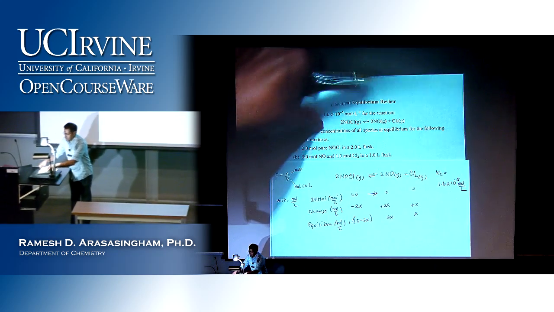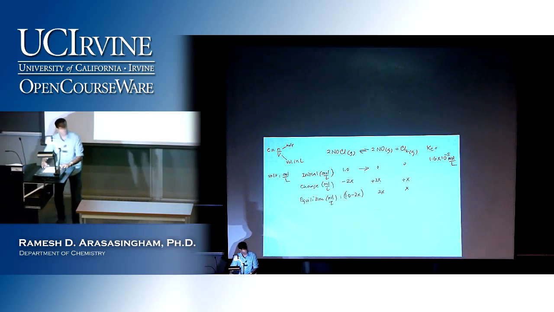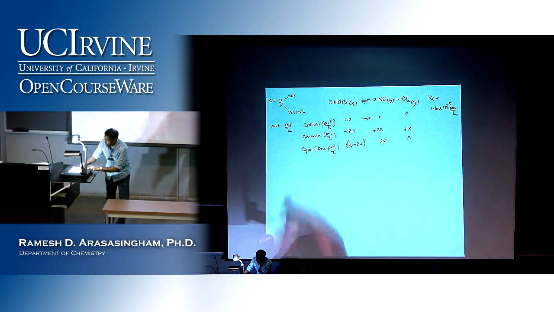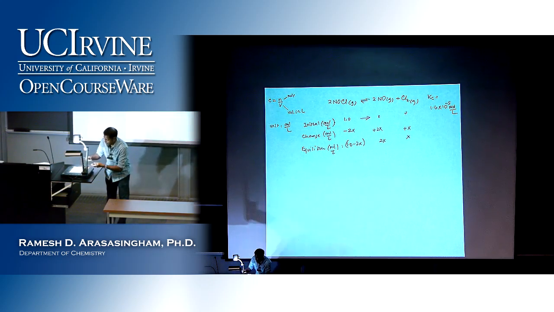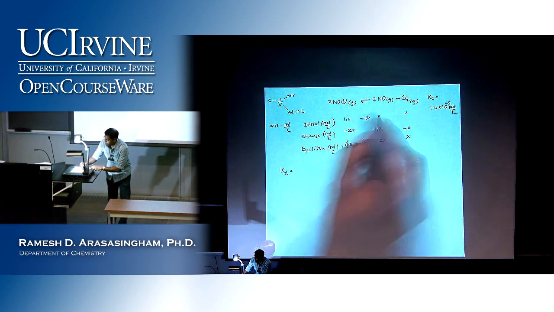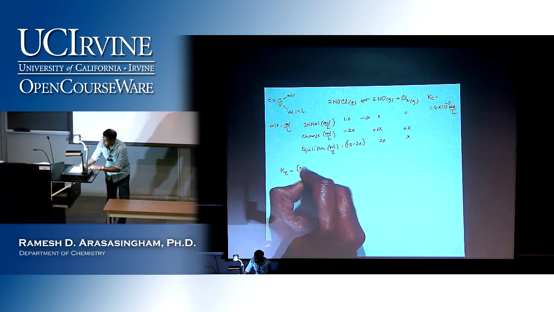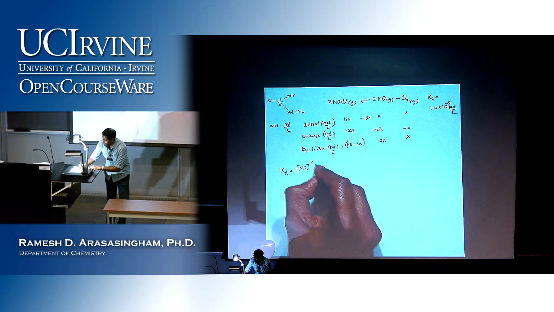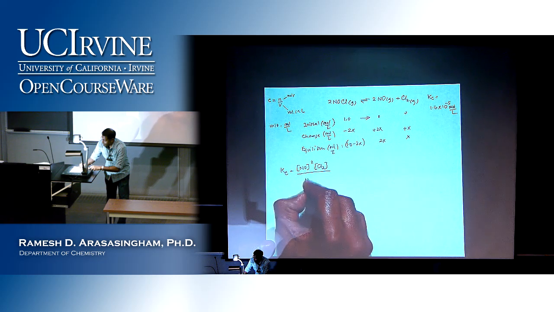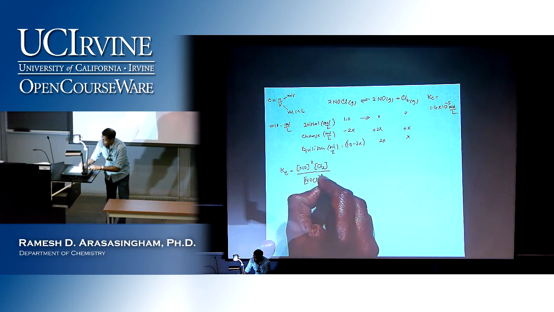So now we're going to move on to writing the law of mass action, which is Kc. So we can say Kc is the concentration of the products raised to the power of the coefficient times Cl2 raised to the power 1 divided by NaCl raised to the power 2.